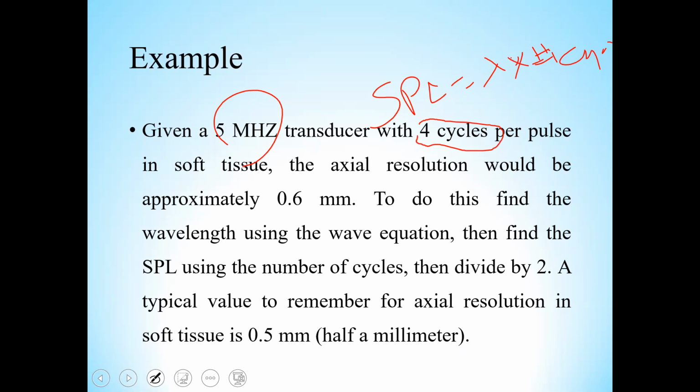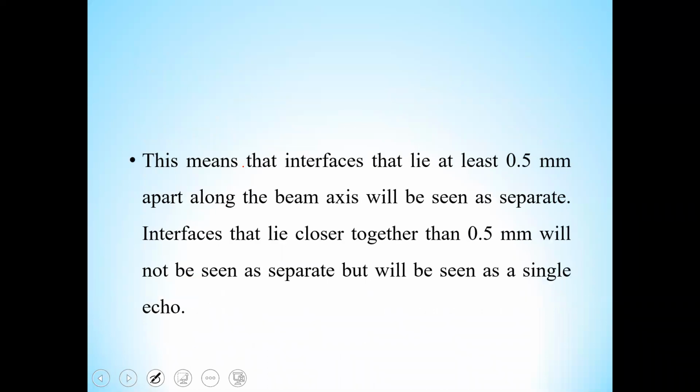So the typical value to remember for axial resolution in soft tissue is 0.5 millimeter, half a millimeter.